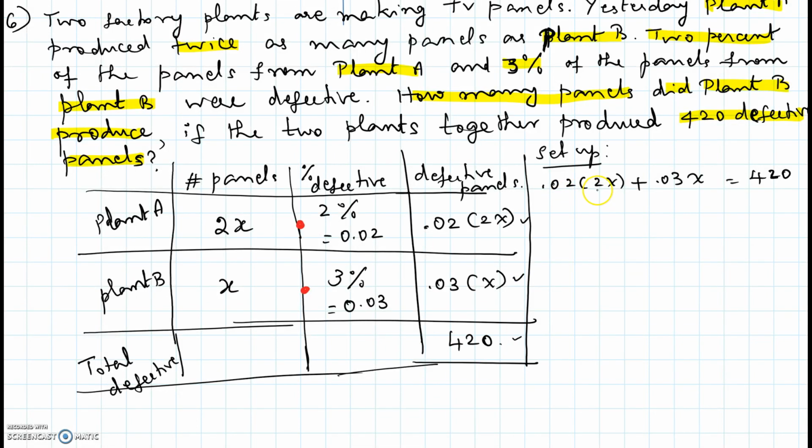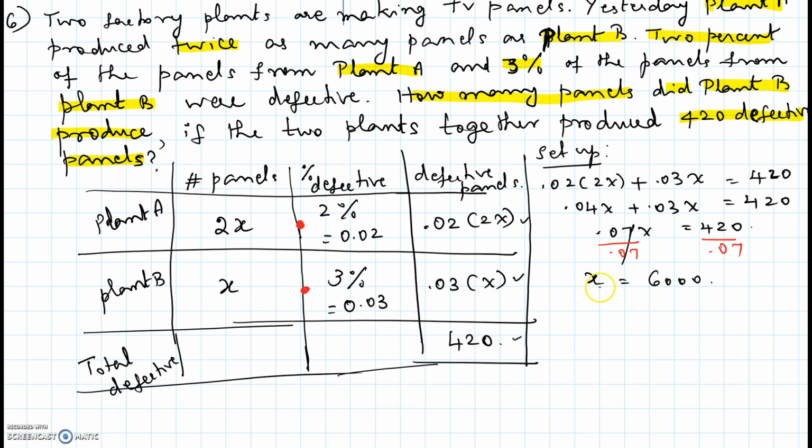If you multiply 0.02 with 2, that will be 0.04x plus 0.03x equal to 420, which will be 0.07x equal to 420. If you divide both sides by 0.07, x would be equal to 6,000.